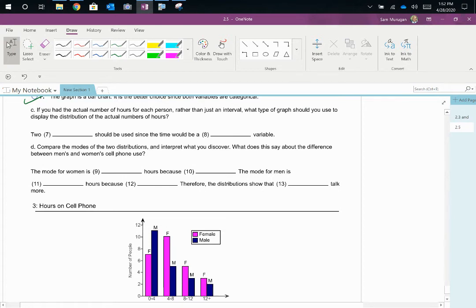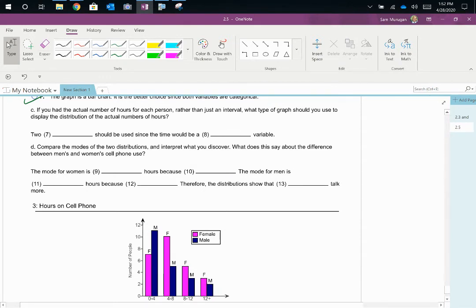Now, the question continues, and we have to be careful what it's asking us here. If you had actual numbers of hours for each person rather than just an interval, what type of graph would you use to display the actual number of hours?